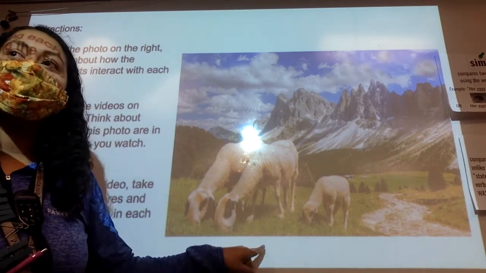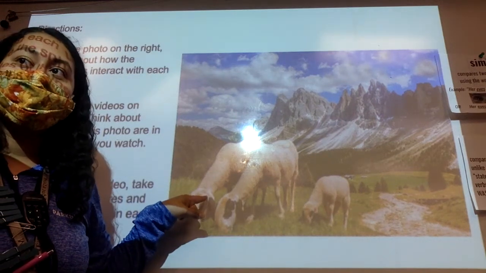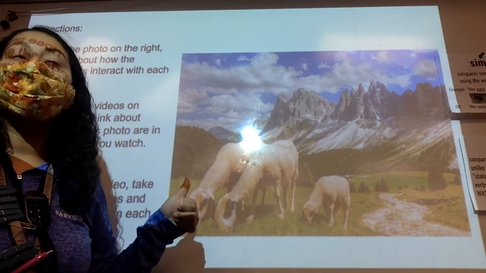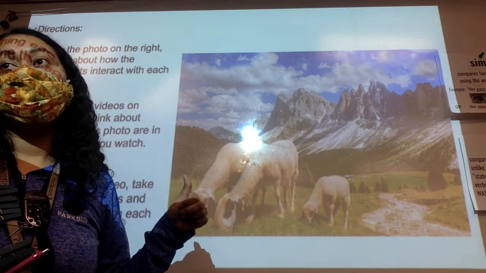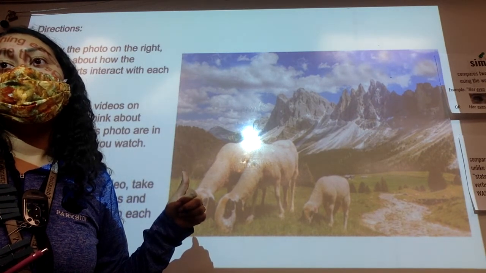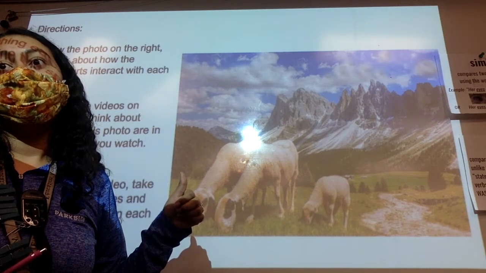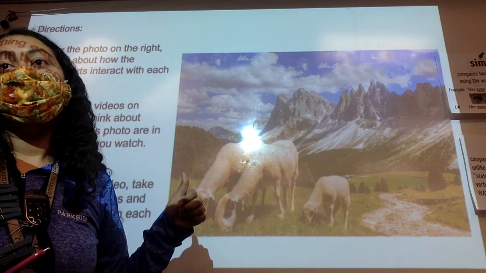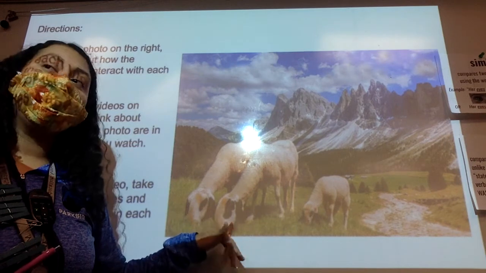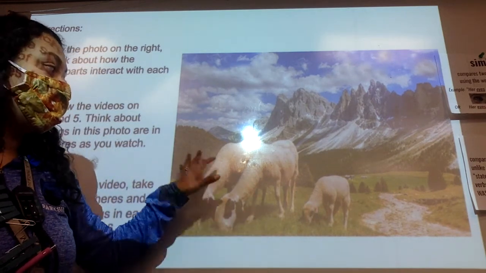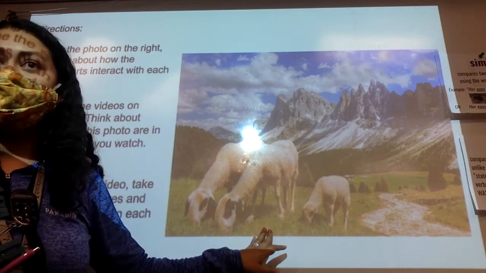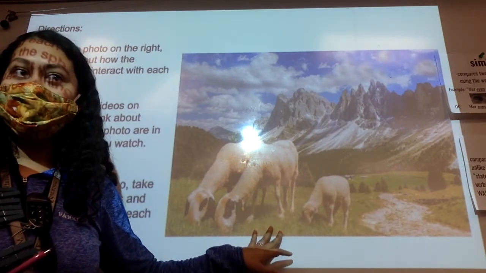And what does the grass give the sheep for them to grow? Food. What else? Things that we can breathe as living mammals. Oxygen, right? So the trees and the grass help to produce oxygen that we can breathe.